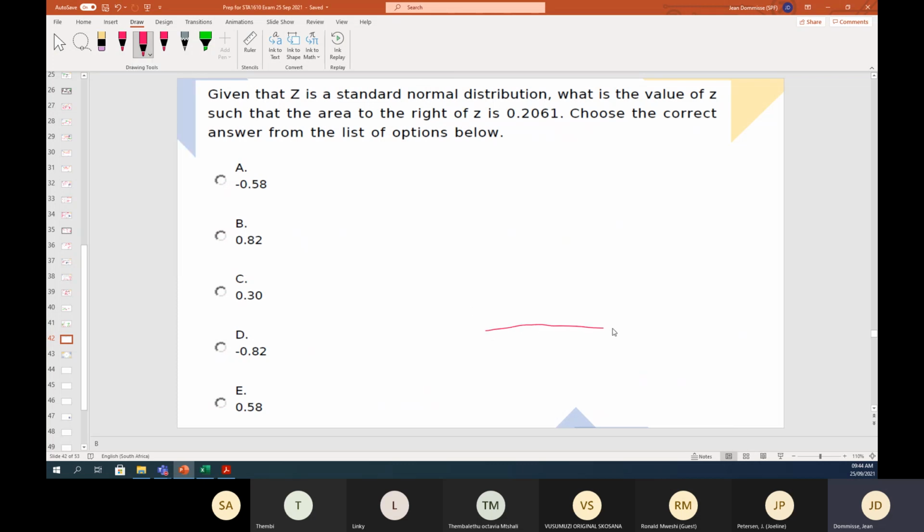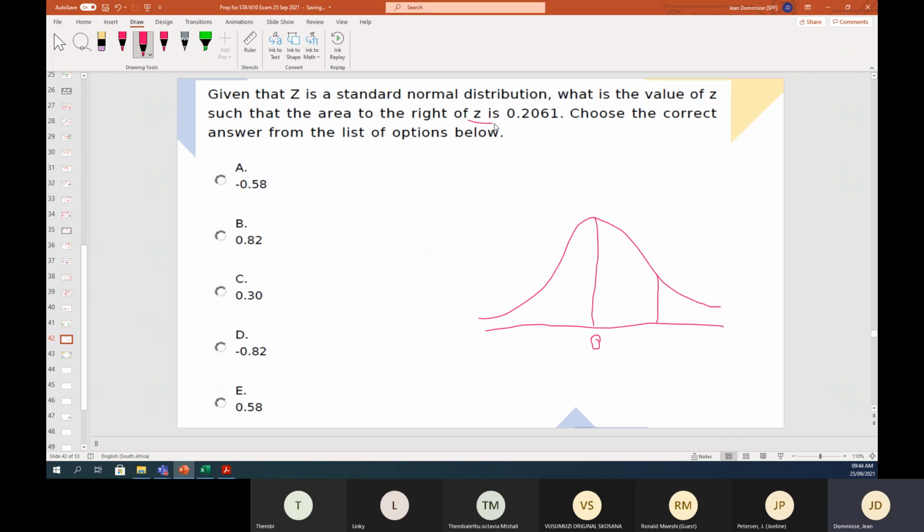So let's read what they ask us. Given that Z is a standard normal distribution, what is the value of Z such that the area to the right of Z is 0.2061? Okay, so we know that is 0.